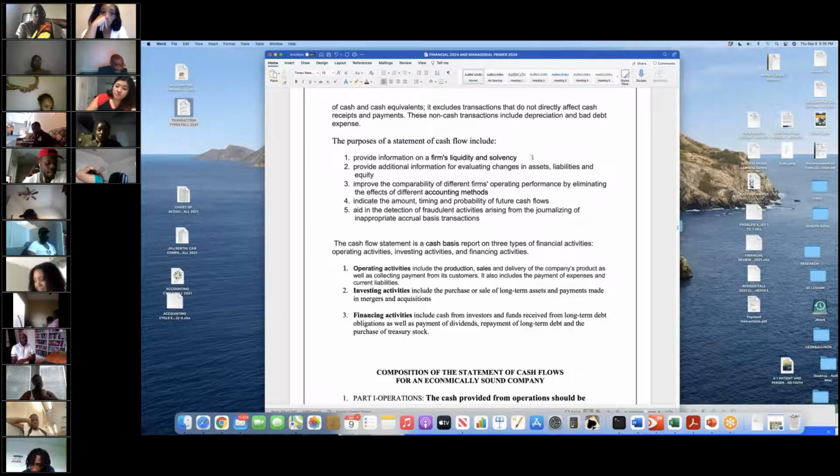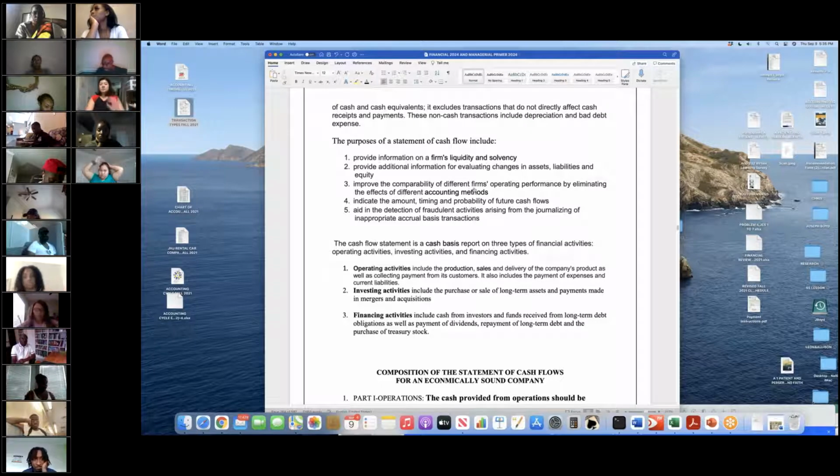And so we have this extra statement to do that. We look at the changes in assets, liabilities, and stockholders' equity. So when we're comparing firms, we can see which firms are liquid and which ones are not, which ones have a lot of cash. That's just key.